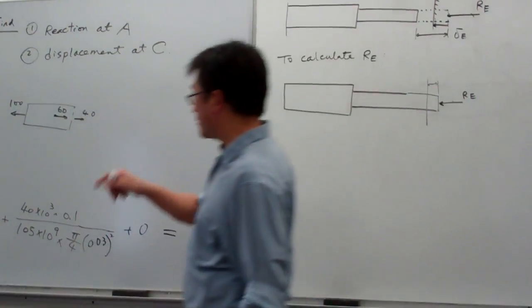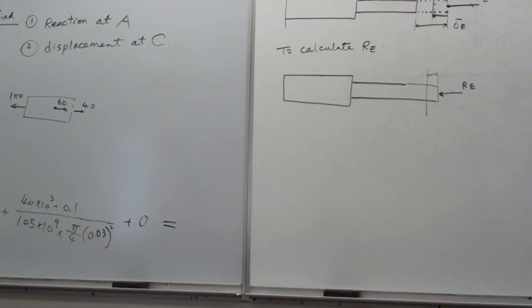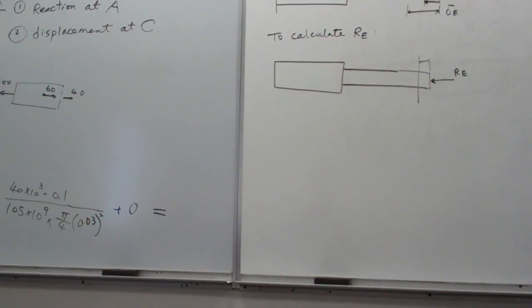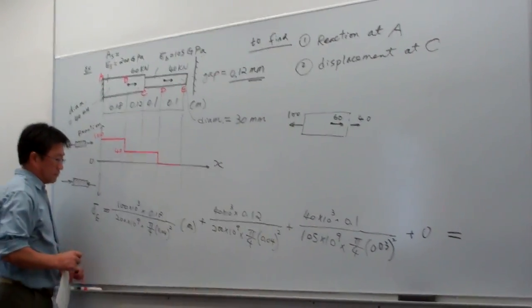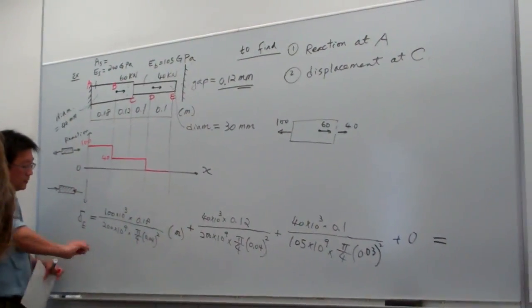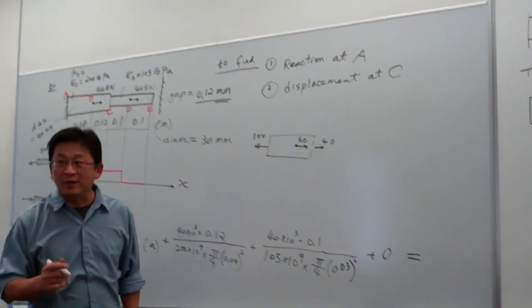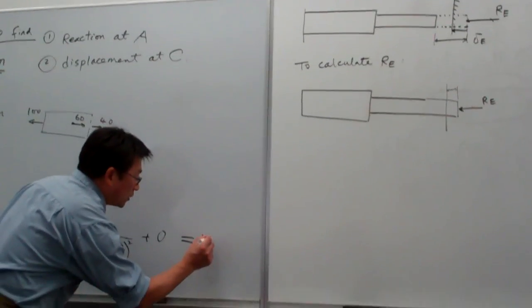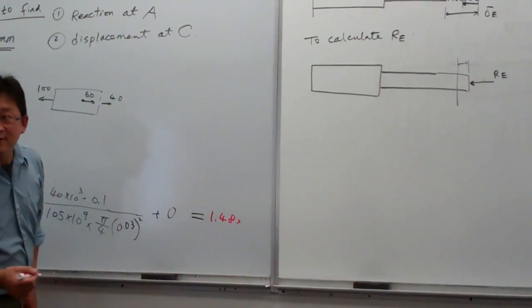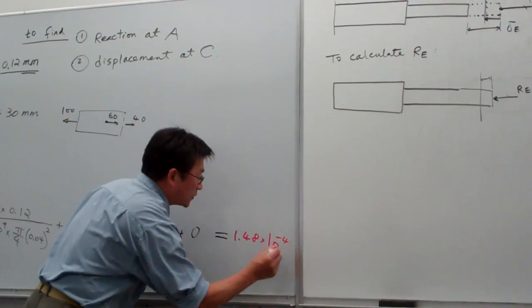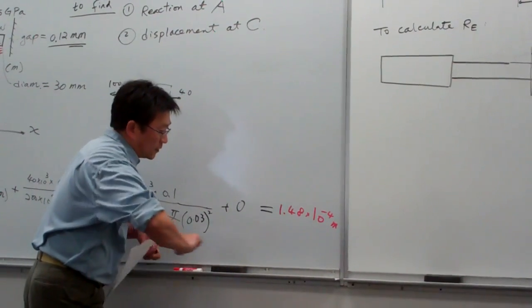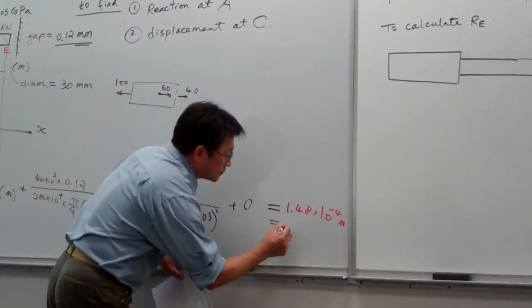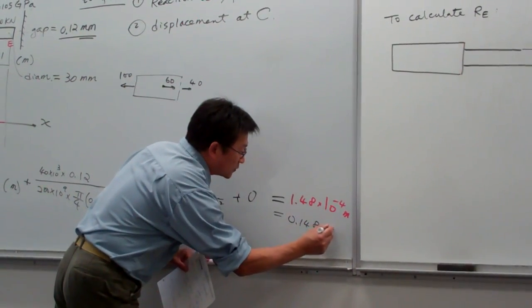Let me do a quick calculation for this because I need the numbers here. So this is 1.48 times 10 to the negative 4 meters, which is equal to 0.148 millimeter.